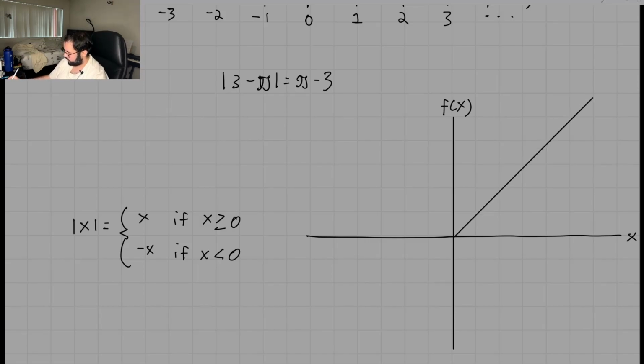And for the left part of the domain, x less than 0, it's equal to negative x. The slope is the same, but it's just going downwards, so it's going to look something like that. So really, whenever you see the absolute value function, it's just representing distance from 0. That's it. It's that simple. Don't make it any more complicated than that.